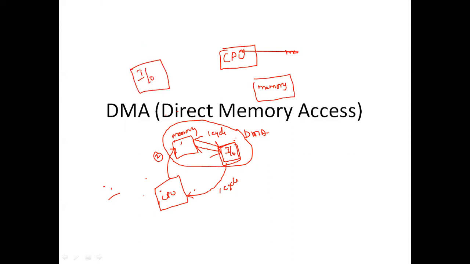If we want to transfer any information to memory, we send an interrupt signal to the CPU, because in order to transfer any data from IO to memory or memory to IO, we need the system bus. So what do you mean by a system bus?